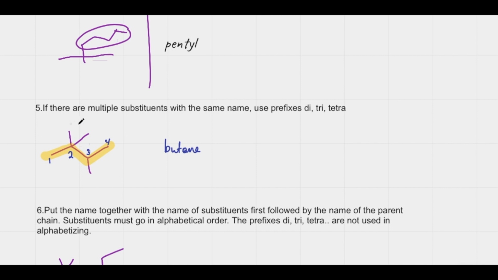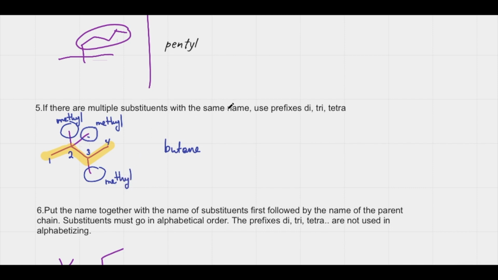There's one substituent here, another here, and another here. What are they called? This is called methyl because it has 1 carbon. This is also called methyl because it has 1 carbon. And this is called methyl as well. So we have 3 methyl groups.